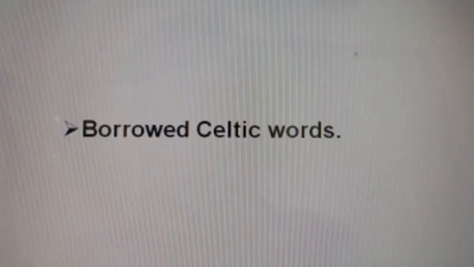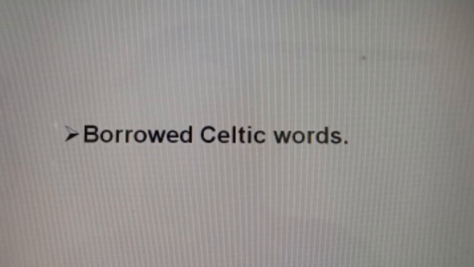In the Old English period, many words were borrowed from the Celtic language.